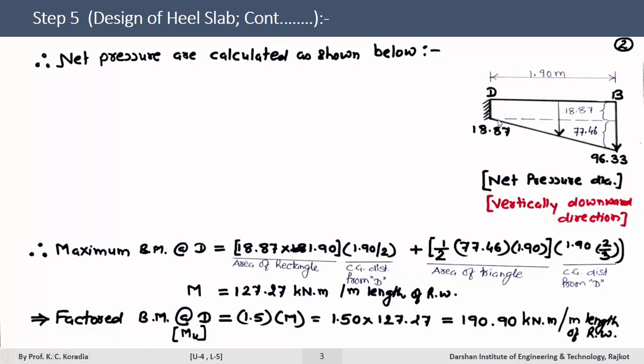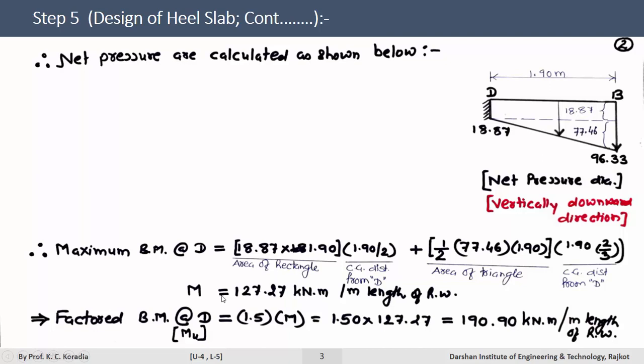This can be obtained by multiplying the area of this rectangle into CG distance of this rectangle from point D plus area of this triangle into CG distance of this triangle from point D. This will be equals to 18.87 into 1.9, where 1.9 is the distance between D and B, which gives the area of this rectangle portion, into the CG distance of this rectangle portion from point D, that is 1.9 divided by 2, plus area of this triangle, that will be equals to 1 half base, that is 77.46 kilonewton per meter square, into height, that's length, that is 1.9 meter, into CG distance of this triangle from point D is 2/3 of 1.9.